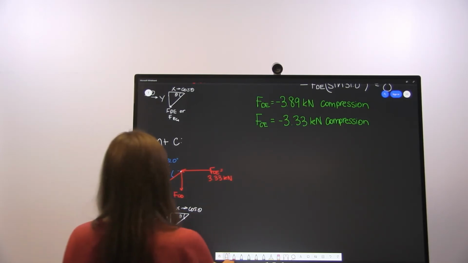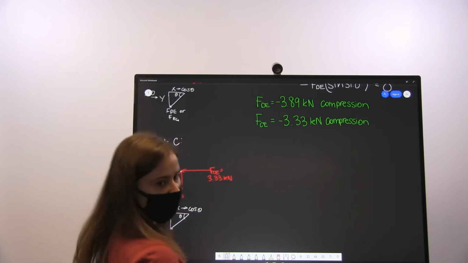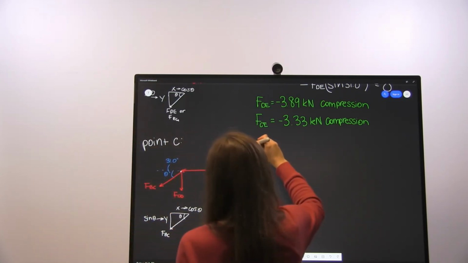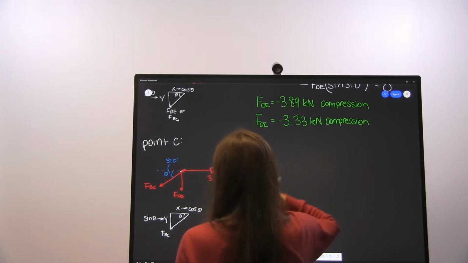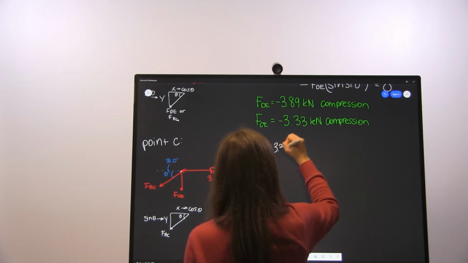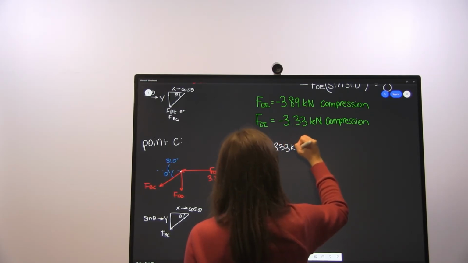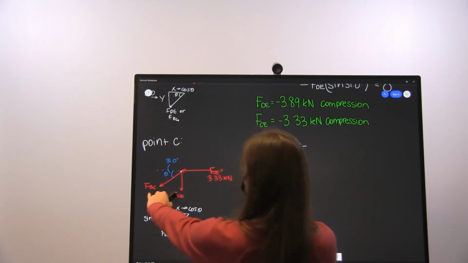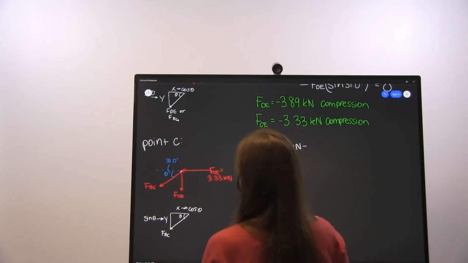Okay, so now we're going to write our equilibrium equations. Our net forces in the x direction are going to be negative 3.33 kilonewtons minus our x component of force BC.